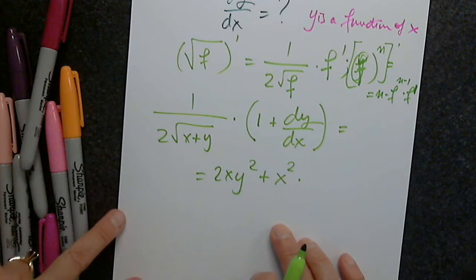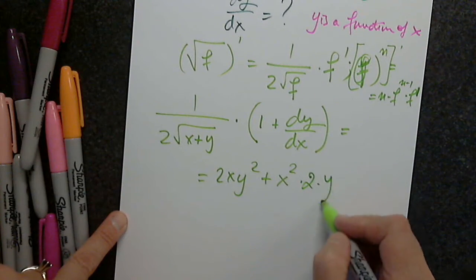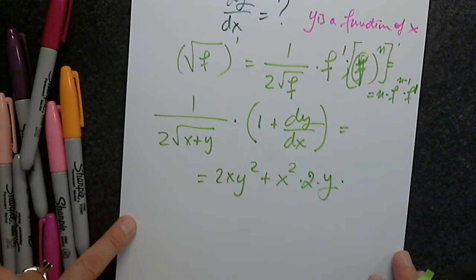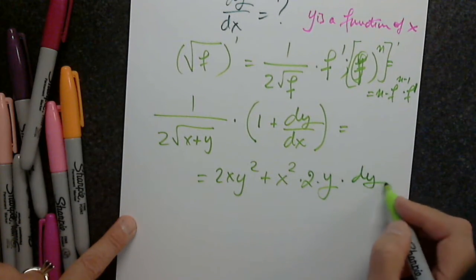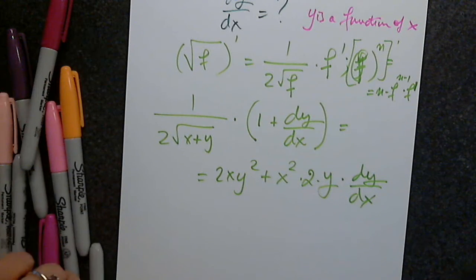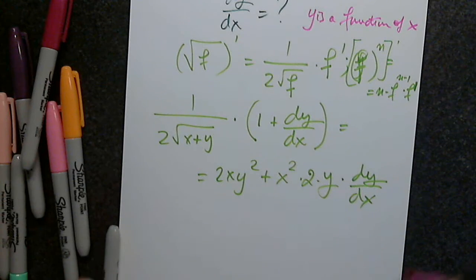So we bring down 2, we multiply by y to 2 minus 1 times, indeed, times dy over dx. Now how do we continue? Well, we see that the only variable we have here is dy over dx.